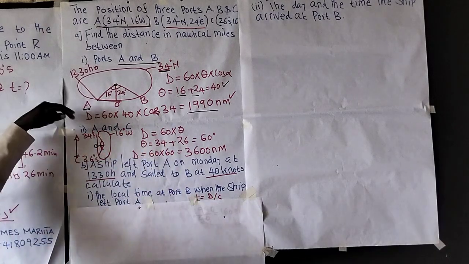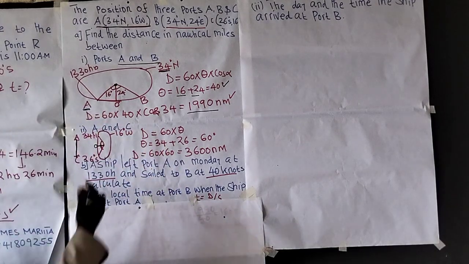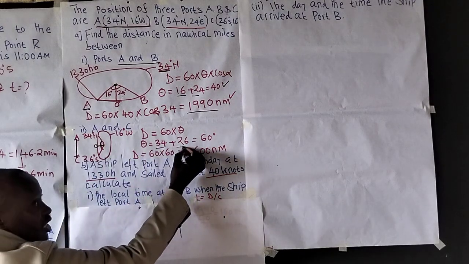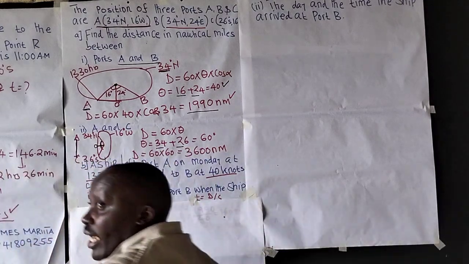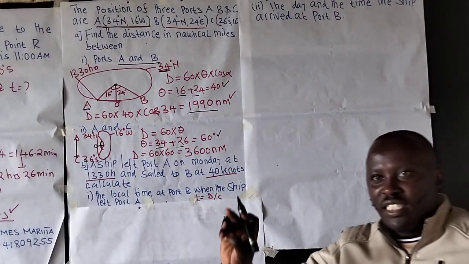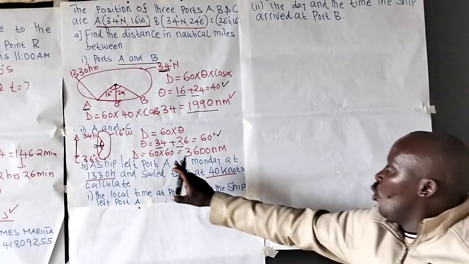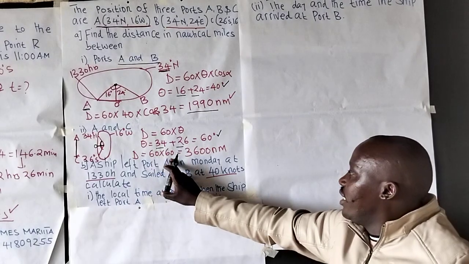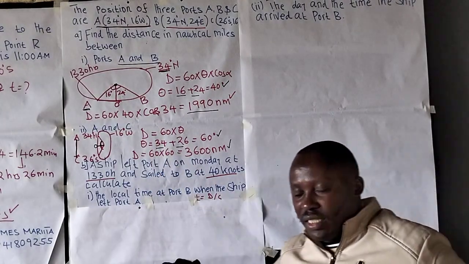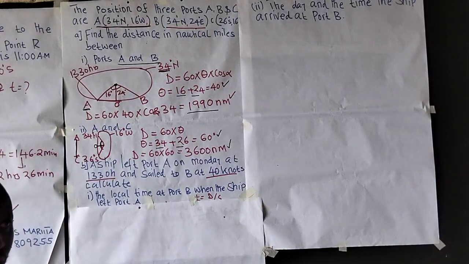The angle is 34 plus 26, which gives 60 degrees. The distance is 60 times 60, which gives 3,600 nautical miles.